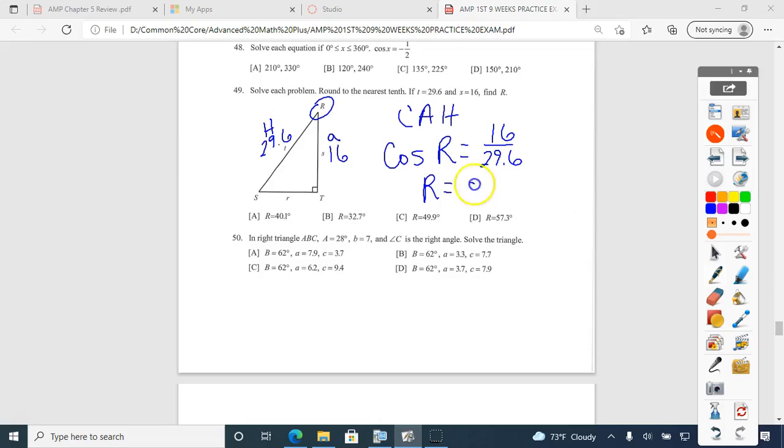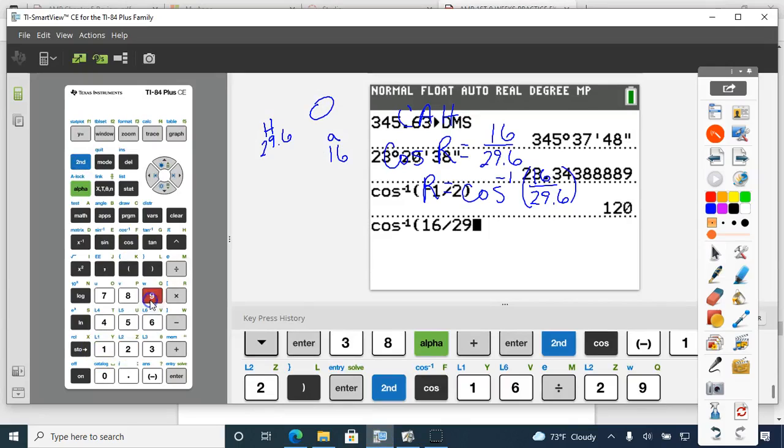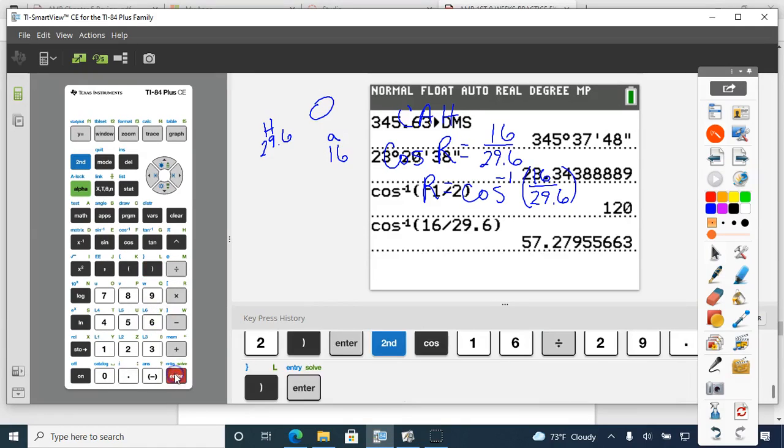And so R is the inverse cosine of 16 over 29.6. So inverse cosine of 16 divided by 29.6, and I get 57.27.